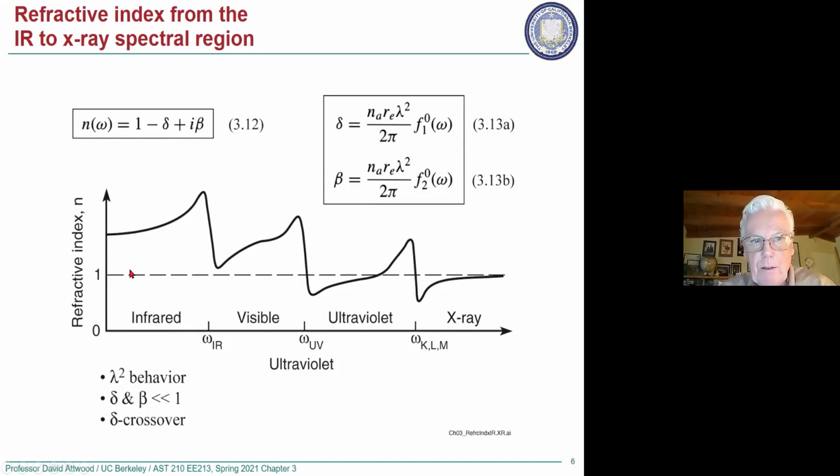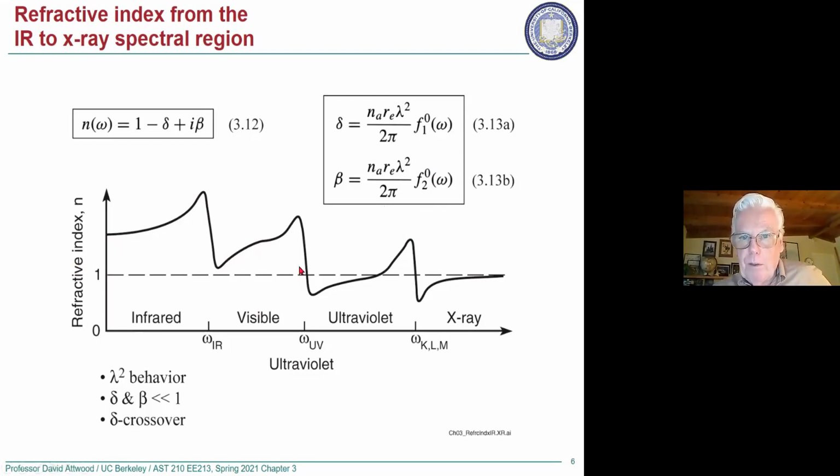And just in general, this is meant to look like in the visible, the refractive index would be about 1.5 for most wavelengths of glass. But notice the refractive index isn't the same for all wavelengths. So different wavelengths travel at different speeds. We call that dispersion. Dispersion is a phrase that means that different wavelengths travel at different speeds.